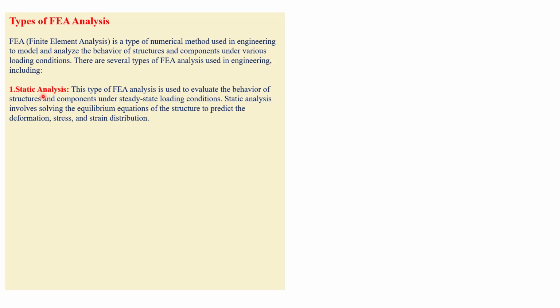What exactly do we do here? We know the equilibrium equation, right? We try to solve it for the structures depending upon the various boundary conditions and loading conditions, and predict, as I said, the deformation, strain, as well as stress. If you consider a model, for example, you can see this is the mount.